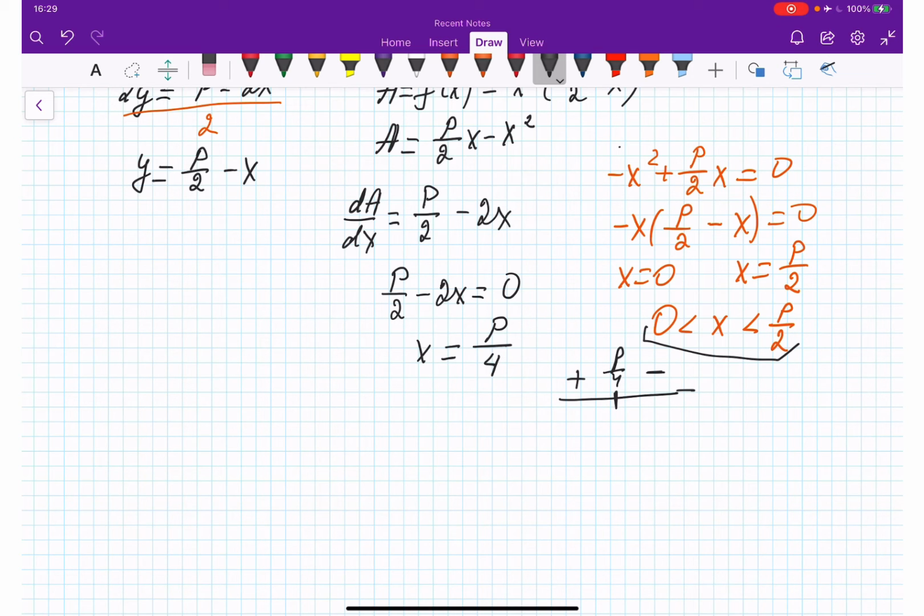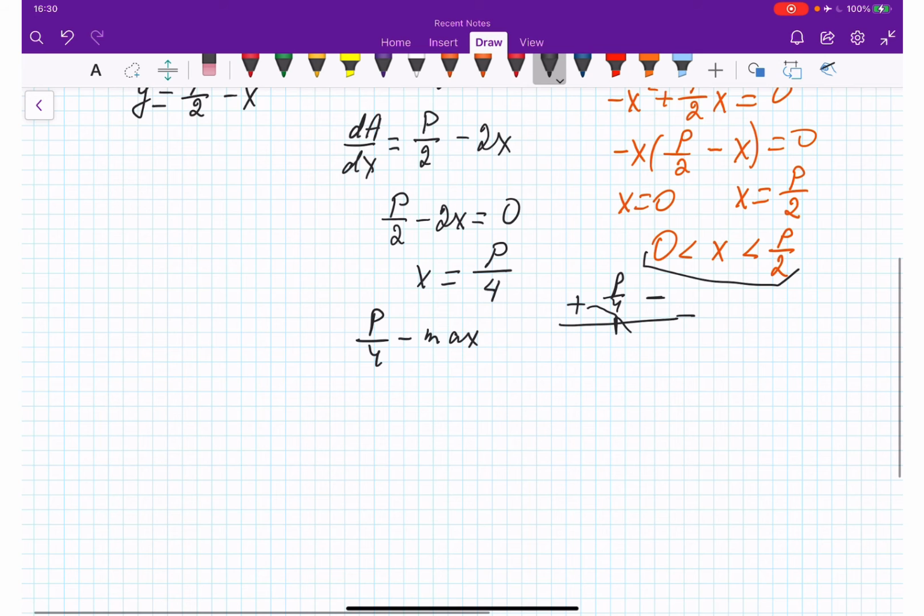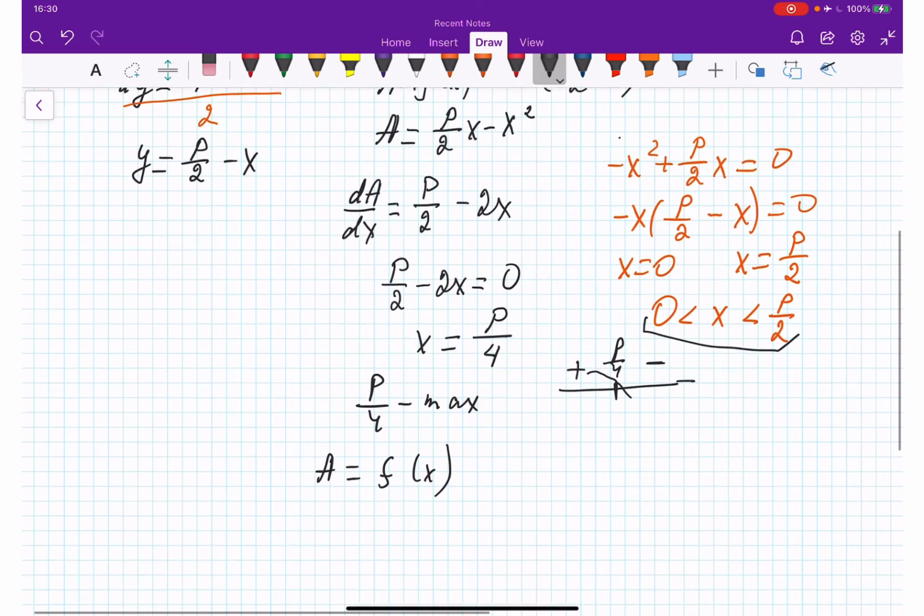And based on the first derivative, if the sign is changing from positive to negative, that means the critical value is your local maximum, which means P over 4 is the local maximum value of the area. And A is equal to f of x, since our f of x is a quadratic equation, right?